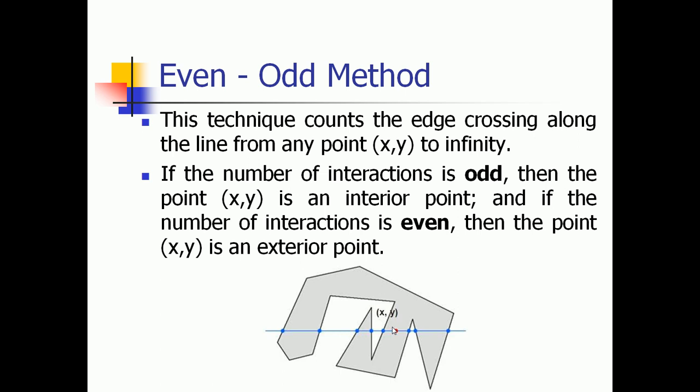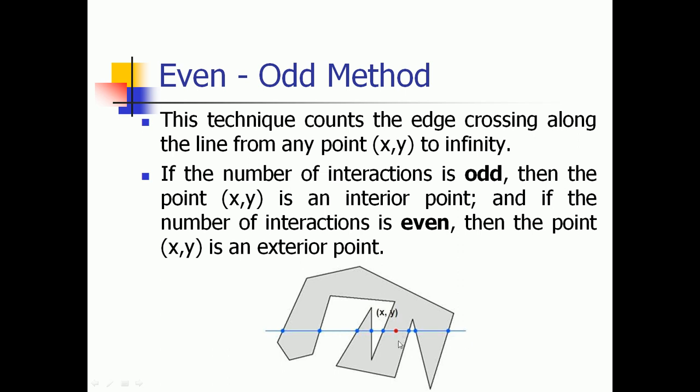In this technique, we count the edge crossings along the line from point xy. Now here you can see the point xy in red. For this point we have to apply the test, that is even or odd. Now we have to draw one edge starting from outside of the point which is crossing the boundaries of the polygon.